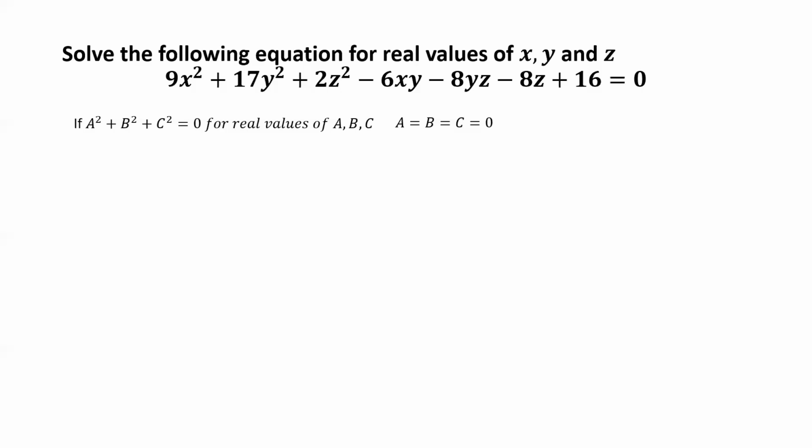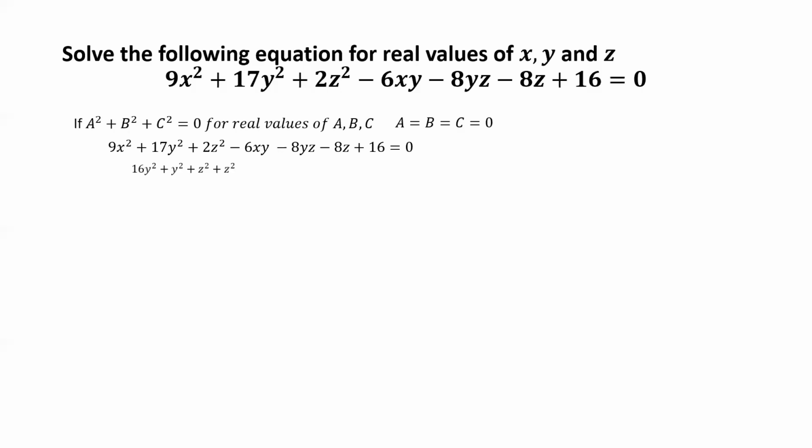So with that in mind, we can start solving the problem. This is what we are given, and one of the things we note is there are some nice perfect square terms like 9x squared, and 16 is a perfect square, but the other terms like 17y squared and 2z squared are not perfect square terms, but we can break them up as a sum of perfect square terms.